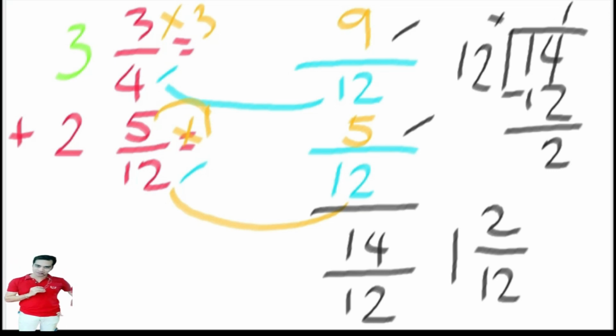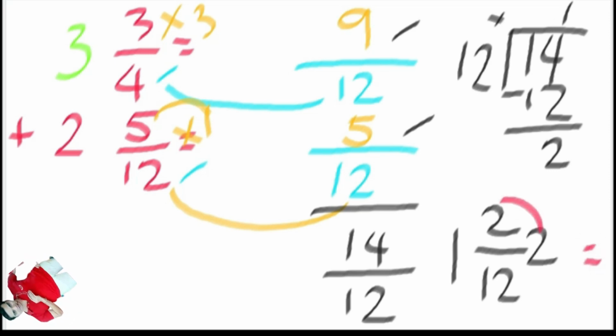So, the GCF of 12 and 2 or 2 and 12 is 2. So, divide both sides natin. 2 divided by 2, the answer is 1. Then, 12 divided by 2, the answer is 6.